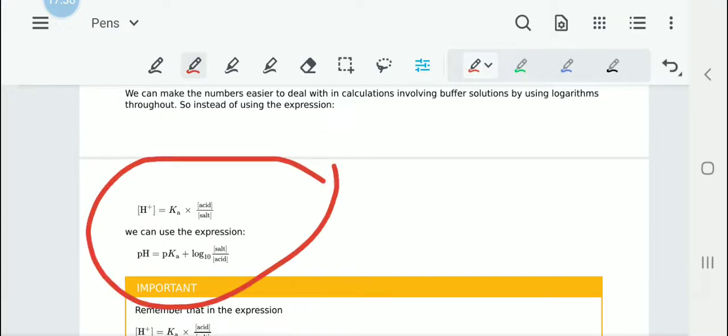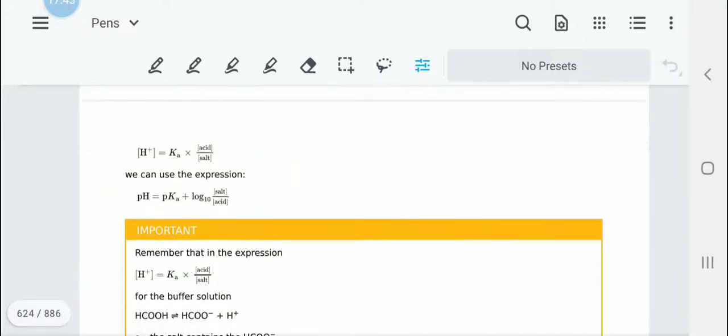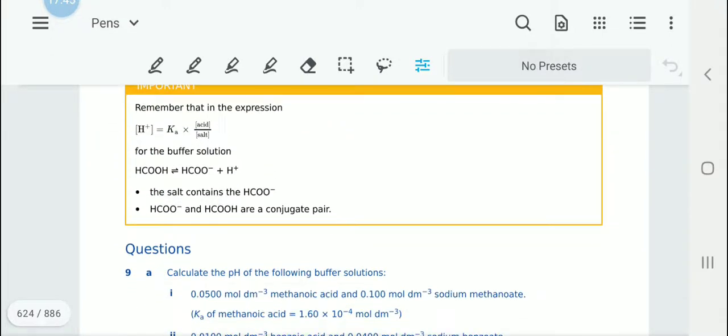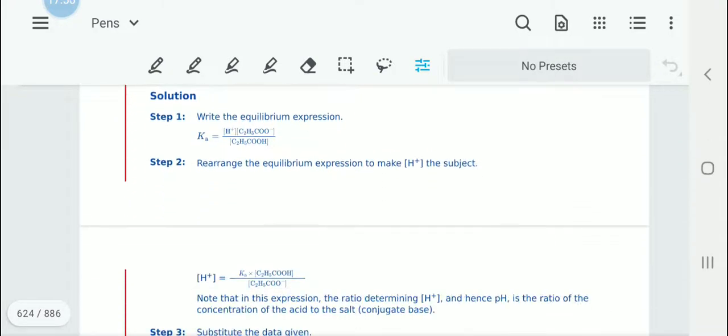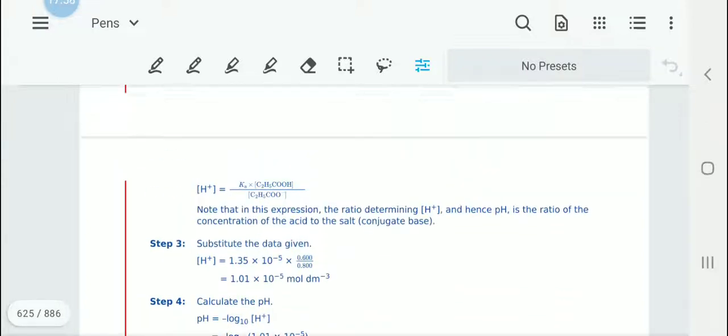These two equations. If you have any doubts about how these two expressions are obtained, please ask me, then I will explain it further. I hope this makes sense. Please do questions 9 and 10.